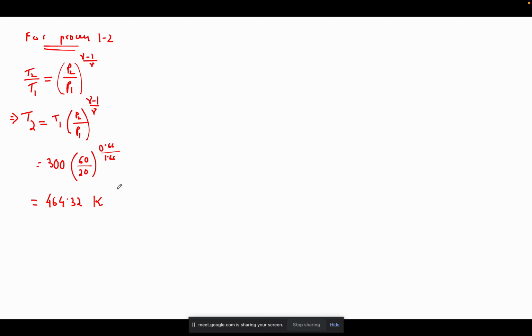Now similarly for process 3 to 4, we can write T3 by T4 is equal to P3 by P4 to the power gamma minus 1 by gamma.